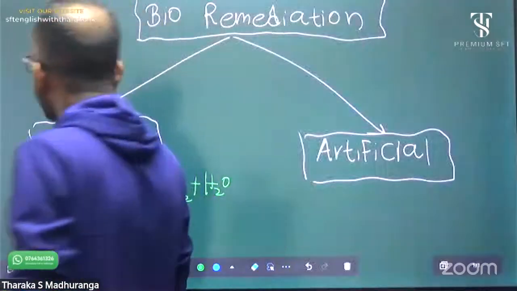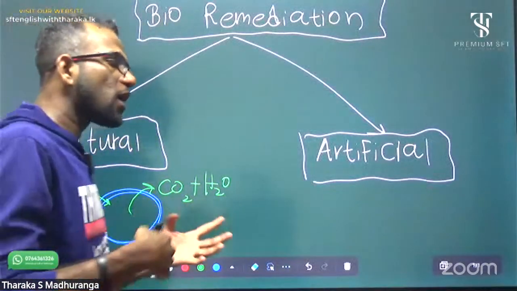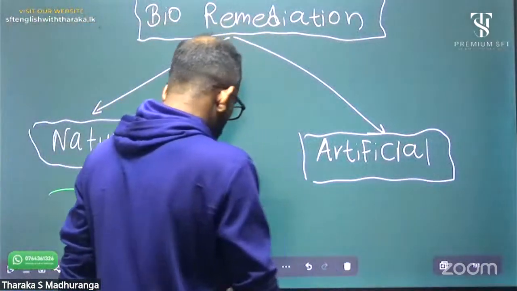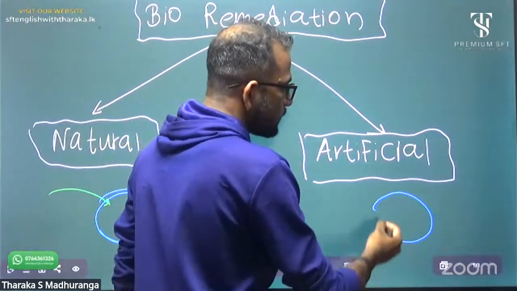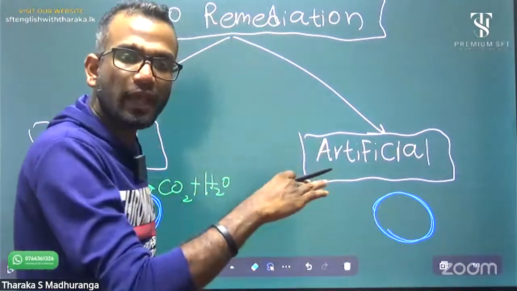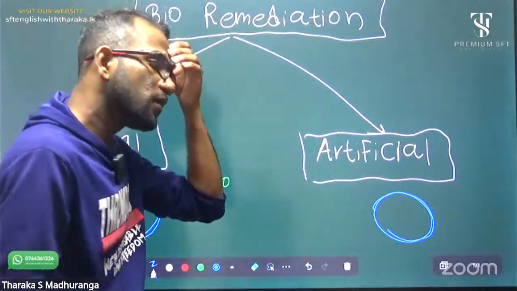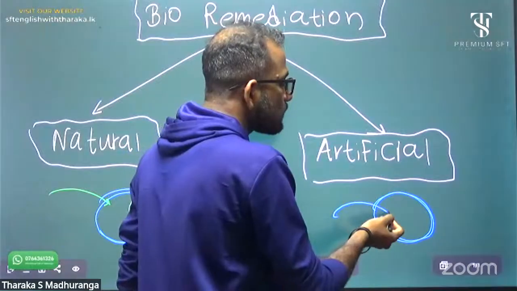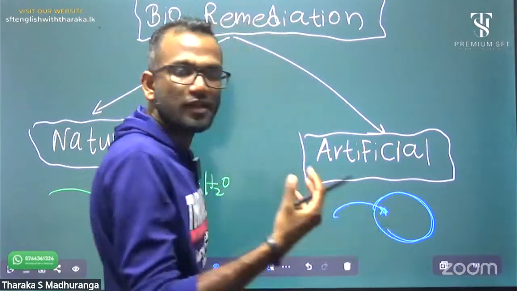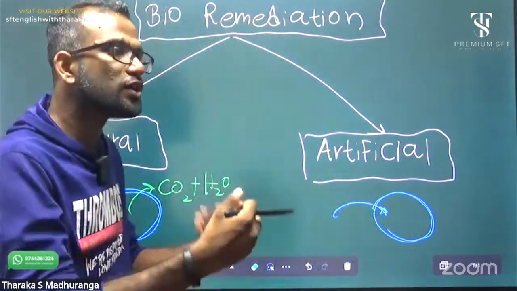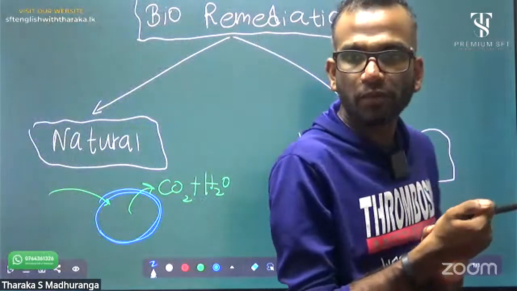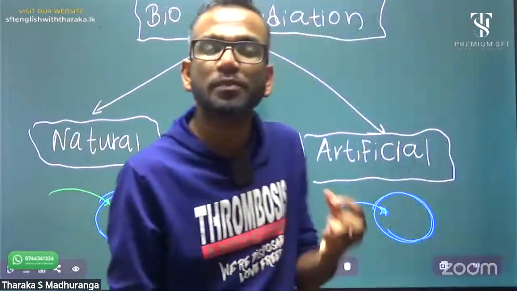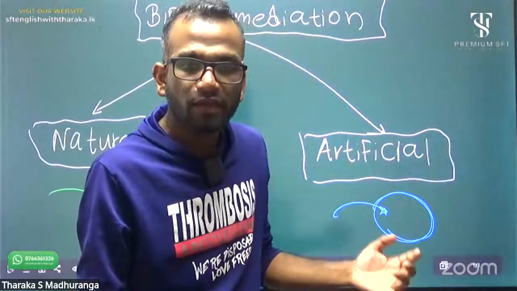Now, what's the meaning of artificial bioremediation? Think of the same example, an oil stain in the aquatic ecosystem in the sea. Now we can introduce artificially cultured, genetically modified specific microorganisms, bacteria, made inside a laboratory.